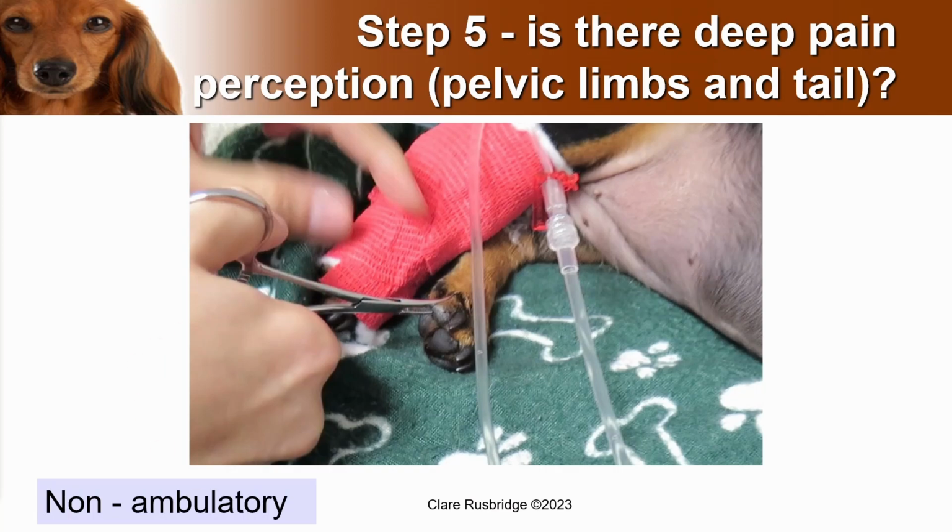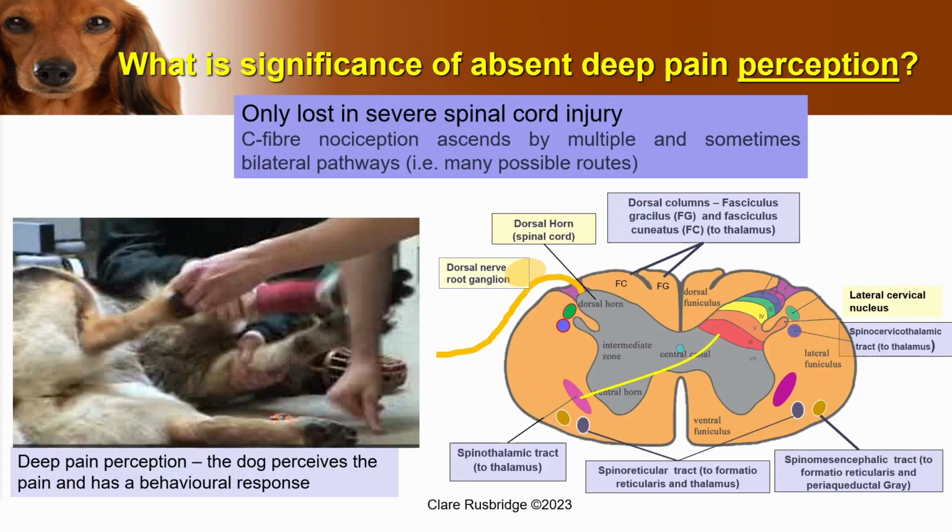What is the significance of the deep pain perception? Well, it is only lost in severe spinal cord injuries, and that's why it's only actually necessary to assess deep pain perception in an animal which is not walking. If an animal is able to walk, then they don't have such a severe spinal cord injury.